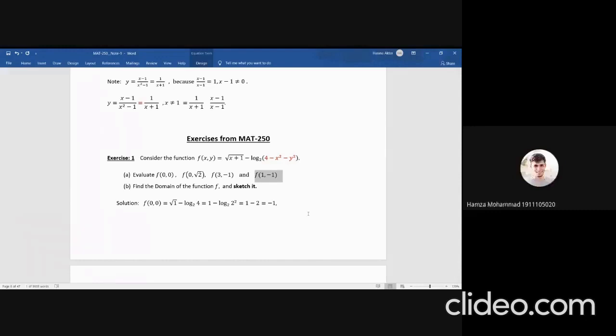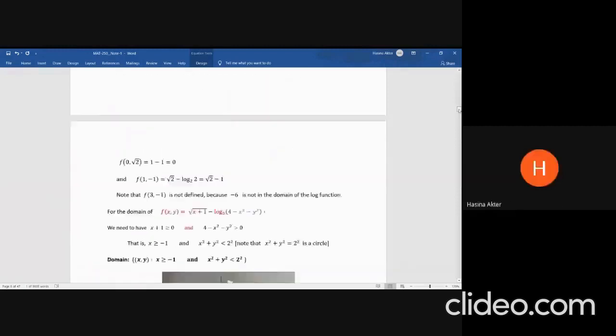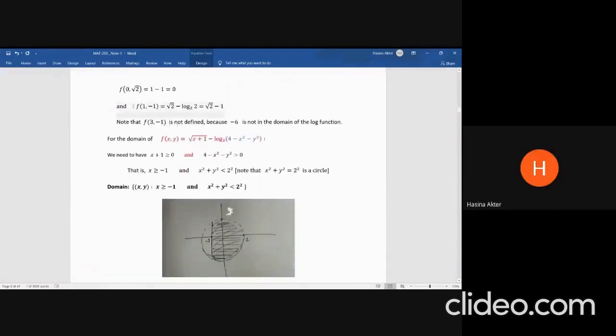Square root of 2 minus 1. Okay, very good. So here you go. This is square root of 2 minus 1. And this one is not defined. That means undefined, because -6 is not in the domain of the log function, period.